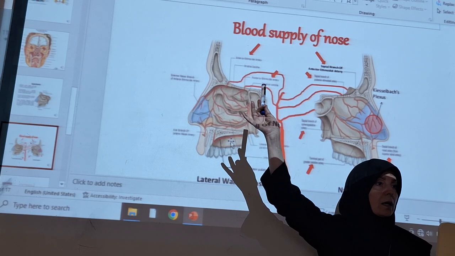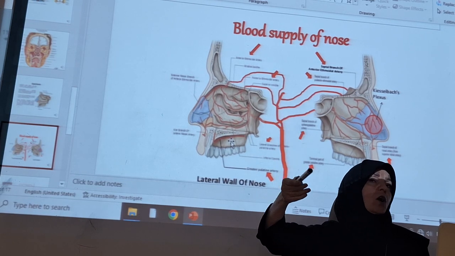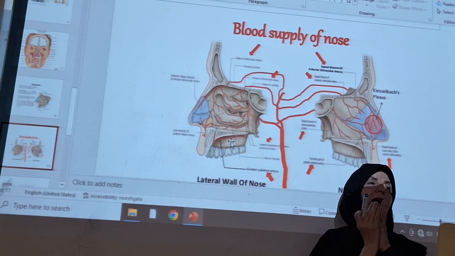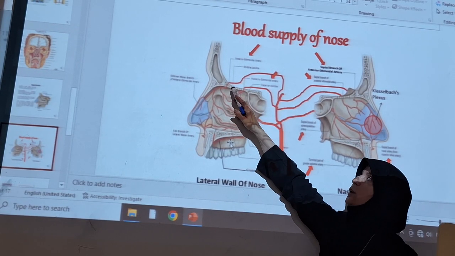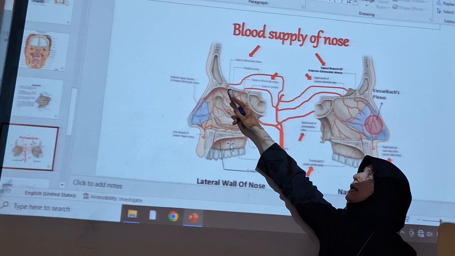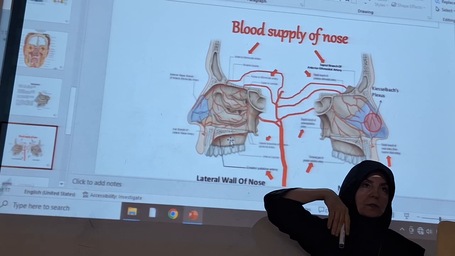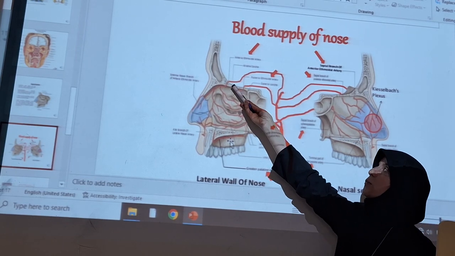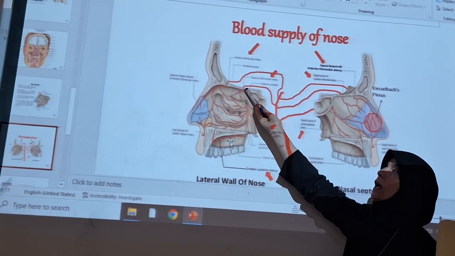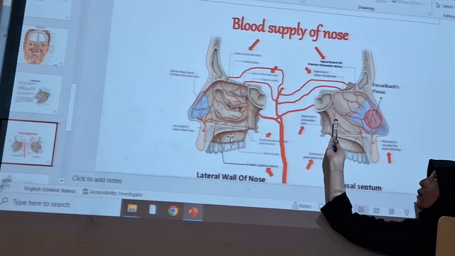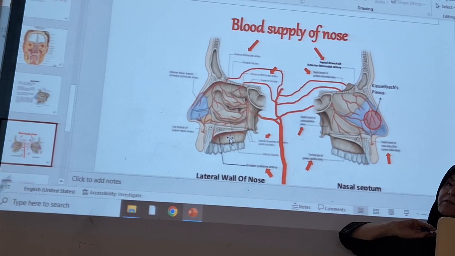So both the internal carotid and external carotid have branches for the nasal cavity. The anterior and posterior ethmoidal enter the lateral surface and also the medial surface.